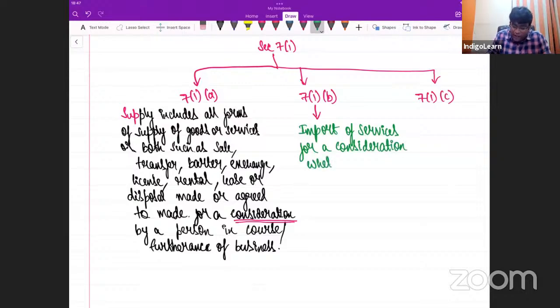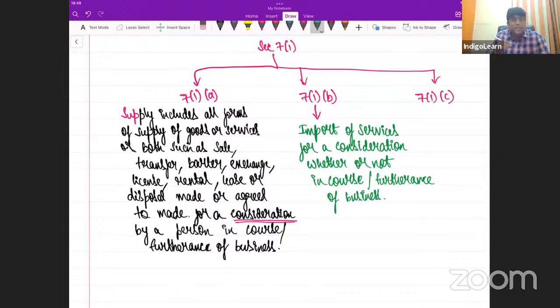Import of services for a consideration, whether or not in the course or furtherance of business. This is an interesting language which you have to understand very clearly. What is the line used? Import of services for some consideration, whether or not in the course or furtherance of business. So if you import for business use or import for personal use, still it is regarded as supply.